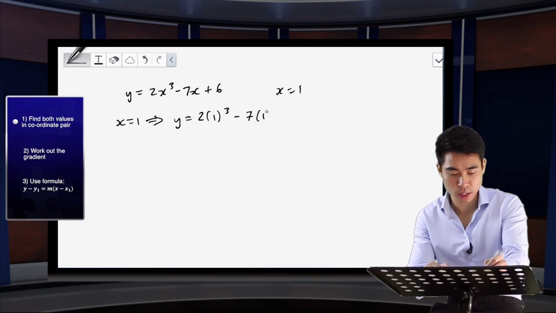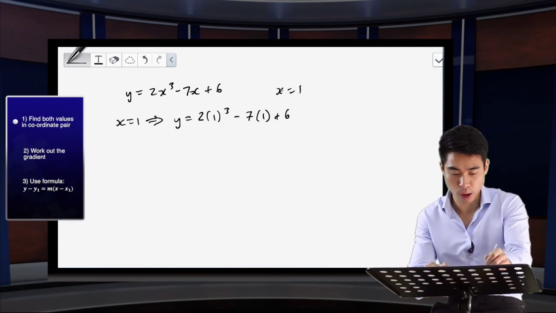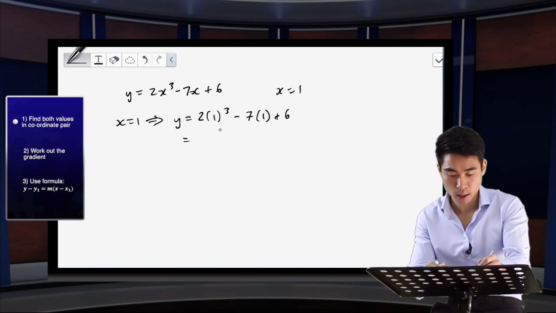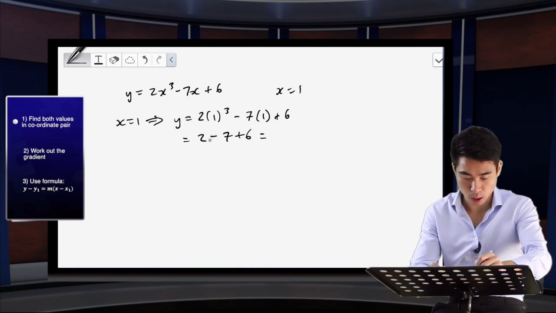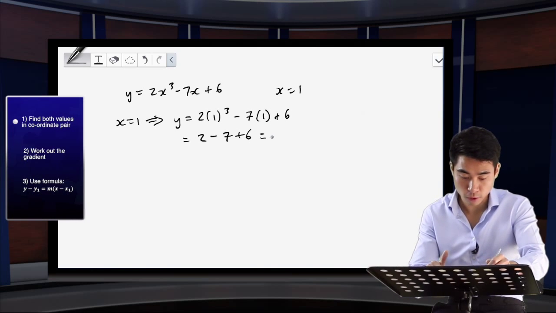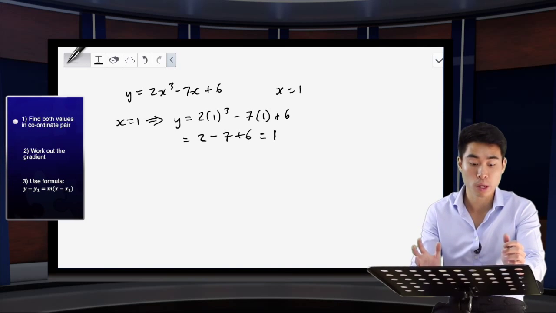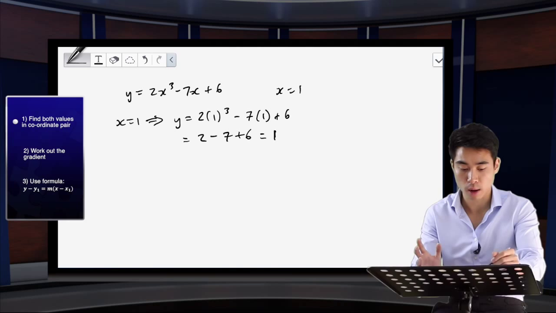So just replacing our x in this original equation with 1 here. So 2 lots of 1 gives me 2 minus 7 lots of 1 plus 6. So 2 minus 7 is minus 5, plus 6 gives me 1. So when x equals 1, y also equals 1.